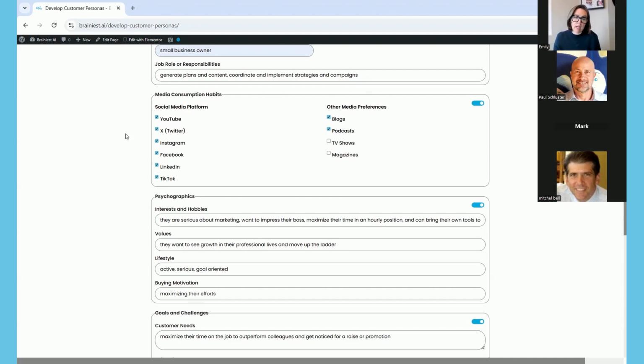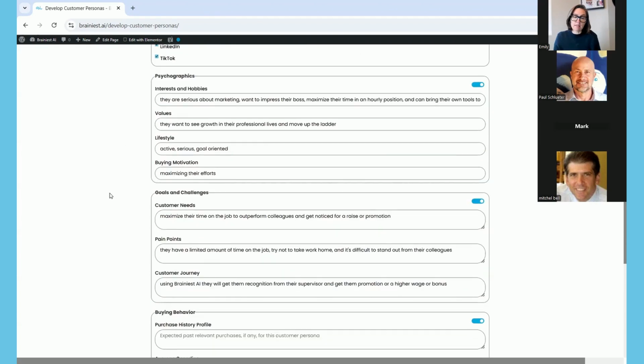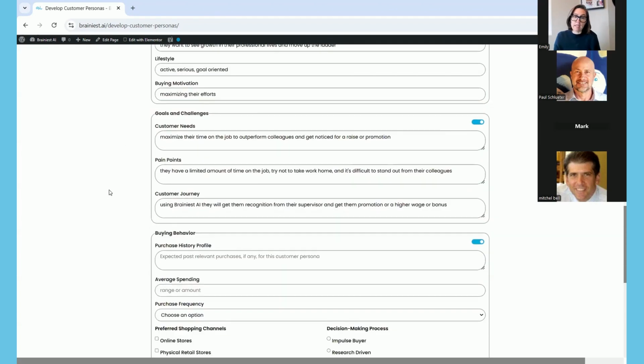As we went through this, I realized that one of the big issues we were having in marketing Brainiest is that if people were not doing a lot of their business on a desktop or a laptop, Brainiest didn't make sense for them.